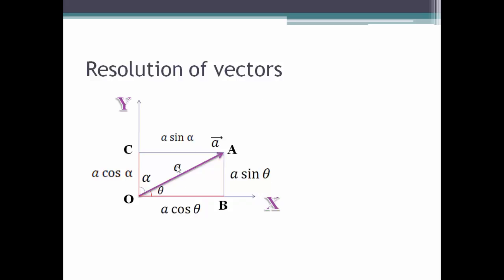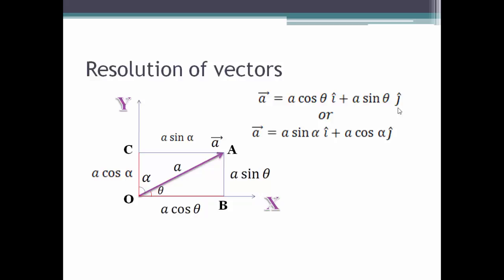So, this vector A can be simply represented in terms of its components as vector A equals A cos theta i cap plus A sin theta j cap, or in terms of alpha, A bar will be equal to A sin alpha i cap plus A cos alpha j cap.